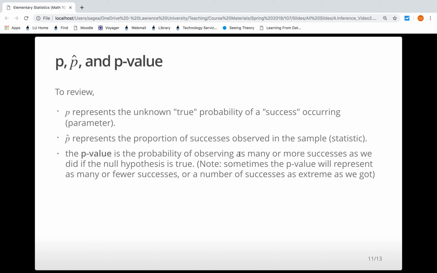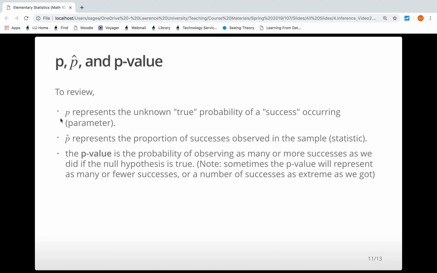Let's recap 3 important vocabulary terms that have come up in these videos that are sometimes confused. It's somewhat unfortunate that the letter P gets used so often. P itself represents the true unknown probability of success occurring, a parameter.